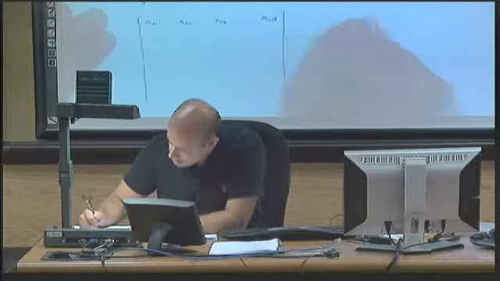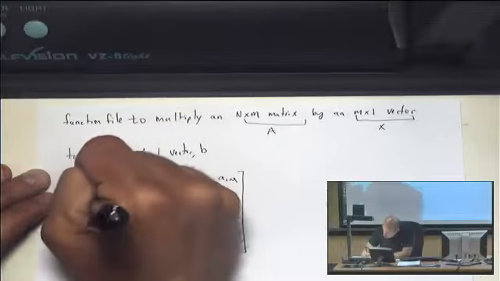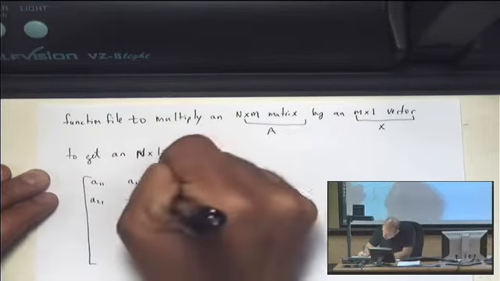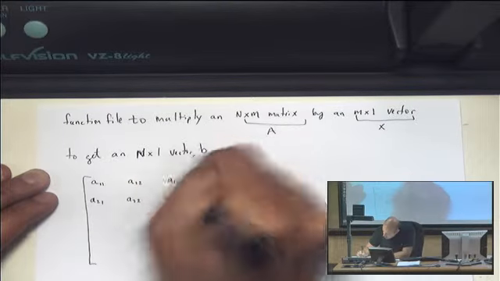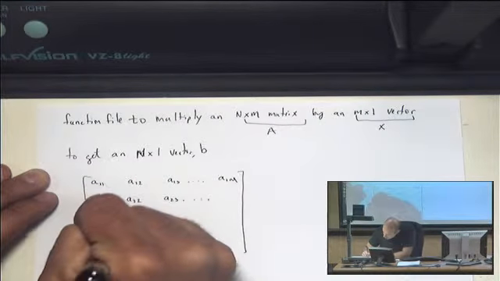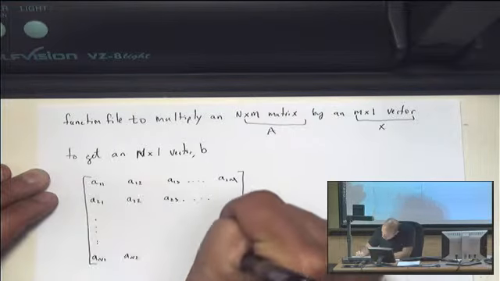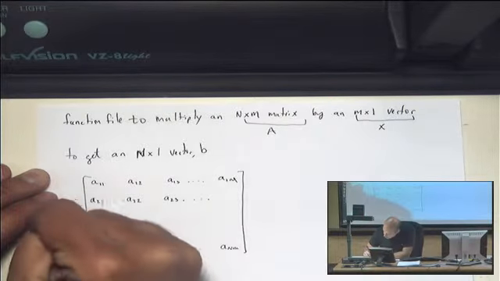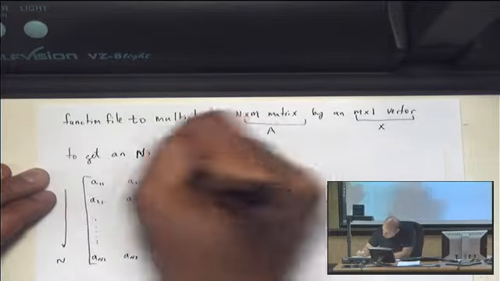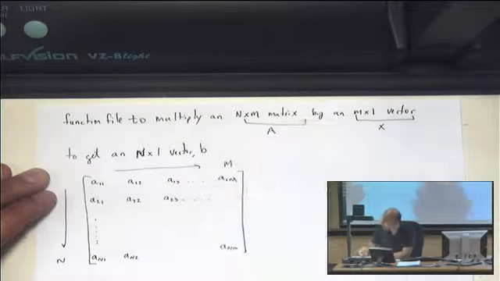So what we want to do is take a matrix A, and I'll say that these are A11, A12, A13, A1m, A21, A22, A23, all the way to An1, An2 to Anm. So this has n rows and m columns.